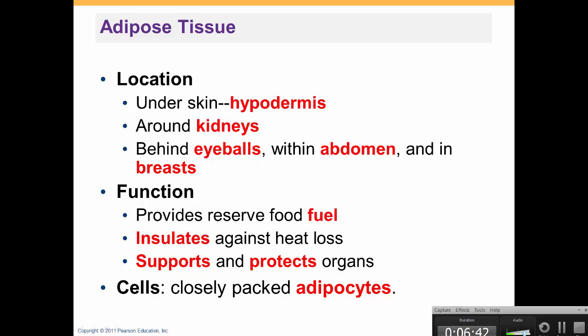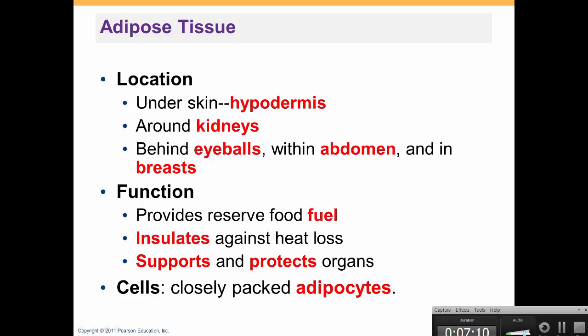The next is the adipose tissue, which is actually the fat. So adipose is just fat cells. So where do you find that? You find it in the hypodermis, or the fat under the skin, also known as subcutaneous tissue or subcutaneous fascia. You find it around the kidney, you find it behind your eyeballs, you find it in the abdomen and the breasts.